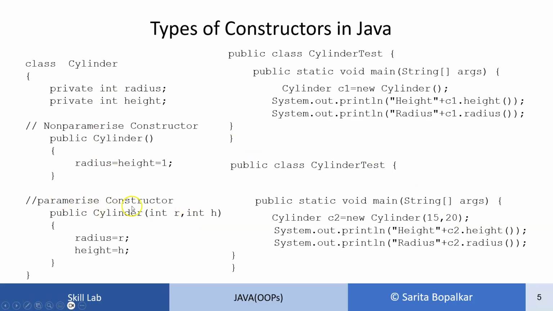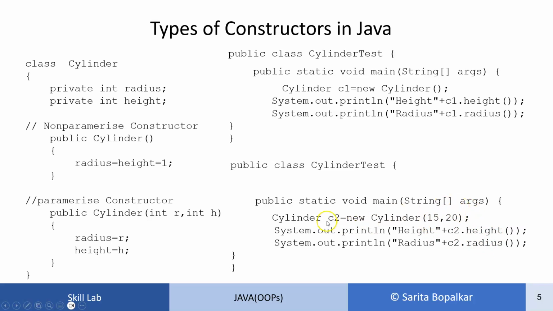So the parameterized constructor will get called whenever I am creating the object by passing parameters. So R will store this 15 and H will store this 20, and this R will get assigned to the radius, a member of our class, and H will get assigned to the height. So in this case your height and radius will be these passed parameters.